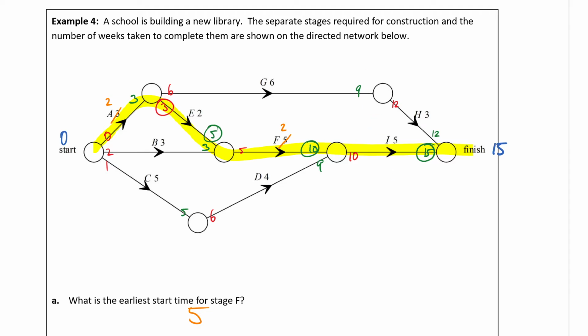So I might grab another shade of green to do my forward scan here. It's going to be 2 now, because this is now 2. 2 plus 6 is 8. And then 2 plus 2 is 4. That stays as 3. This will become 5. 5 plus 4 is 9. 4 is my bigger number. 4 plus 2 will be 6.